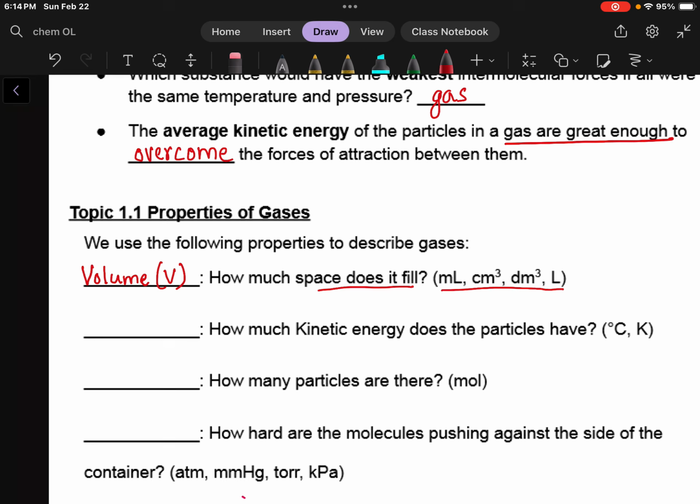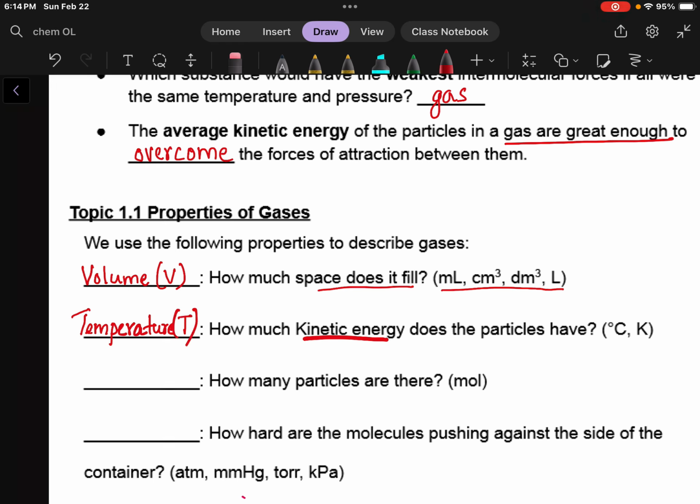Okay. Next one, kinetic energy. The particles' energy depends on temperature. If they are at a higher temperature, that means they will have higher kinetic energy. So temperature is an indication of their kinetic energy.